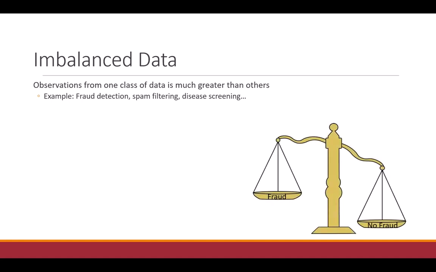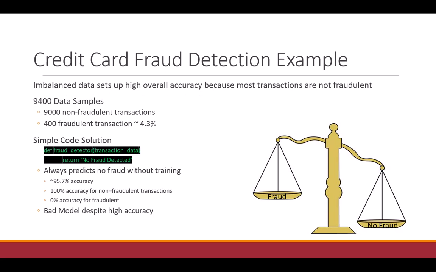The issue is, though, that typically in such cases, we have to consider the fact that if it's no fraud, and there's a vast majority of that, that may cause us problems in terms of developing good metrics for them. So for example, if we have data samples of non-fraudulent transactions, we probably have a lot of them.